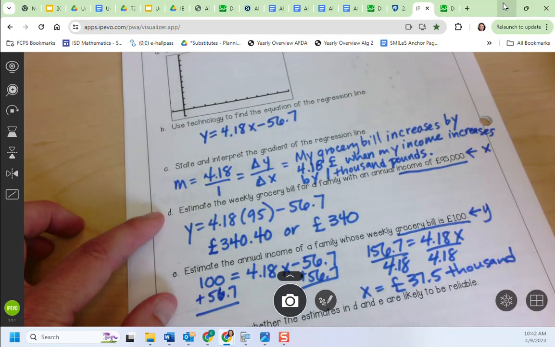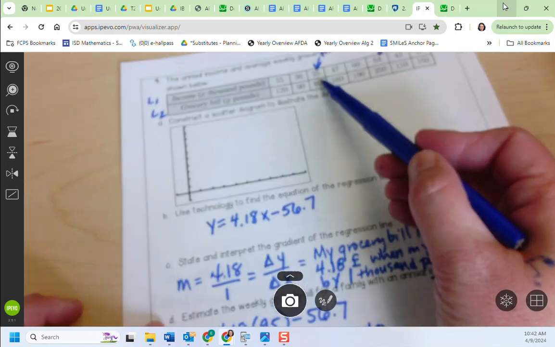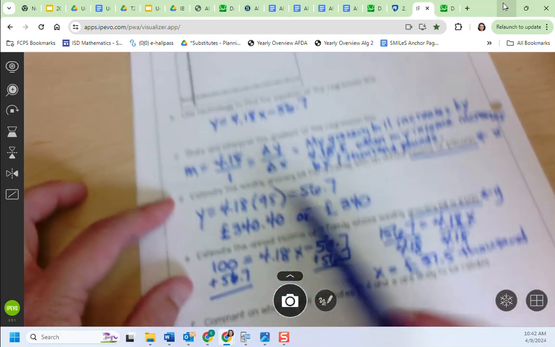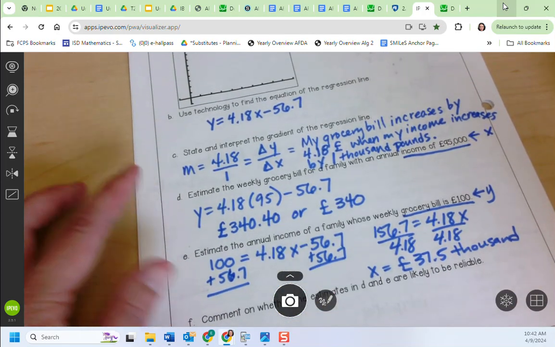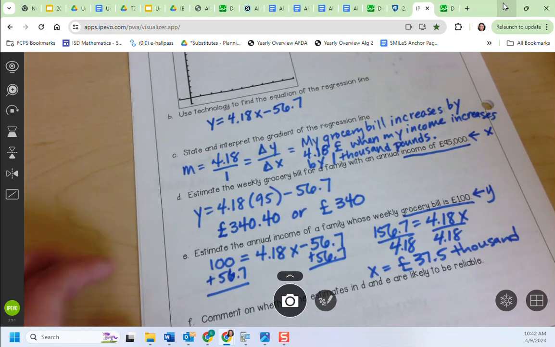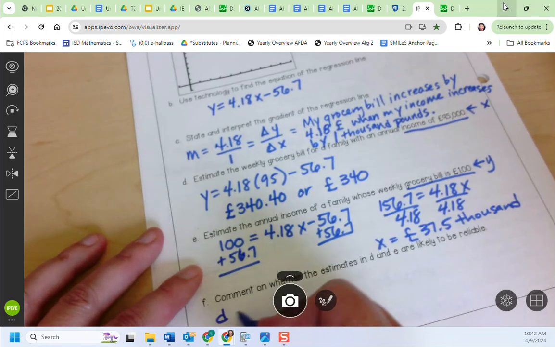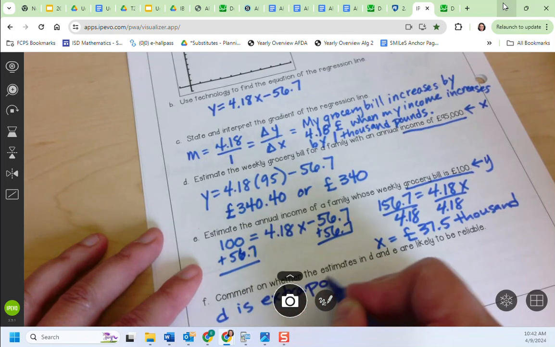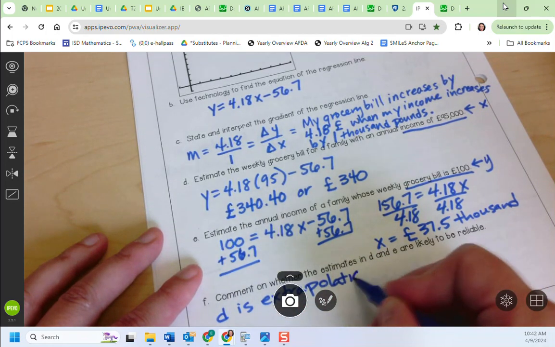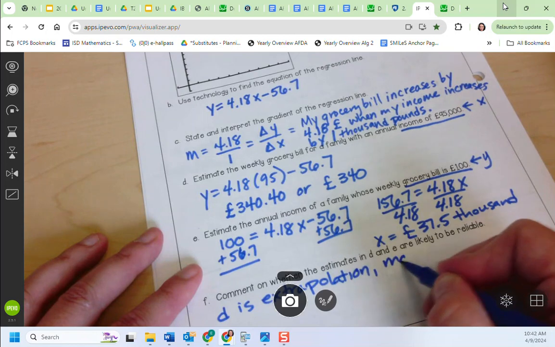Interpolation is between the two extremes, between the min and the max. So E gives us an x value that's between 45 and 64. In D, we used an x value that was outside of that, okay? Extrapolation, right. So we would say that D is extrapolation, which may be less reliable.